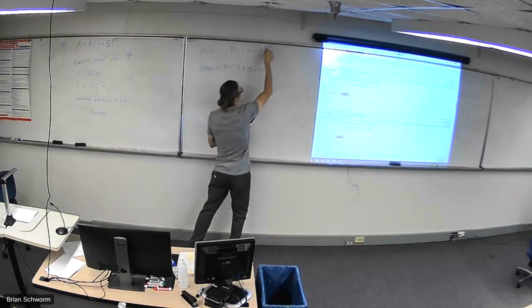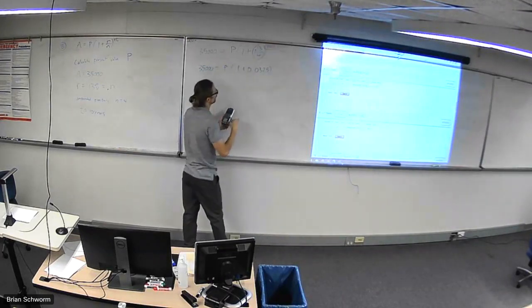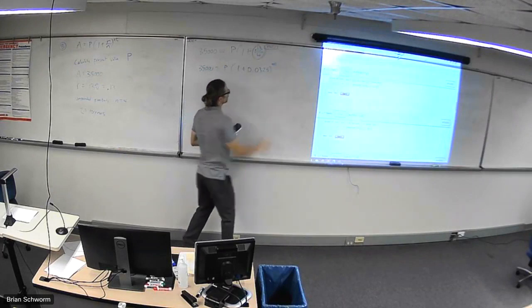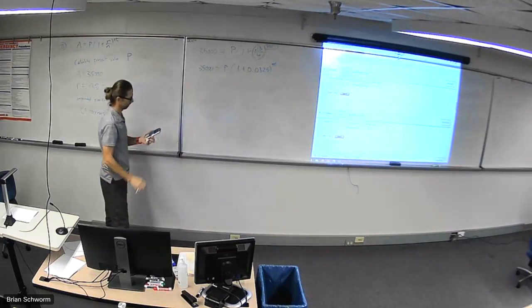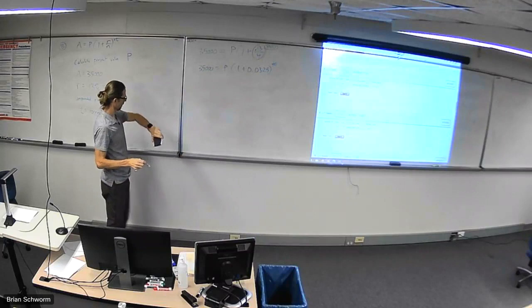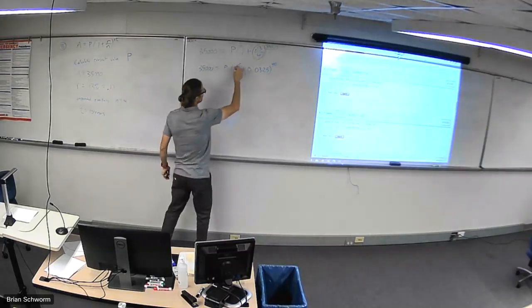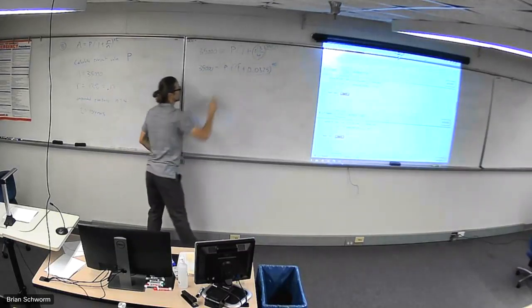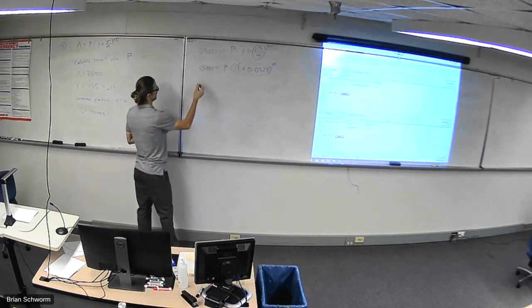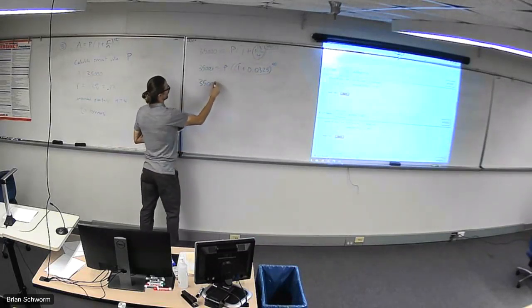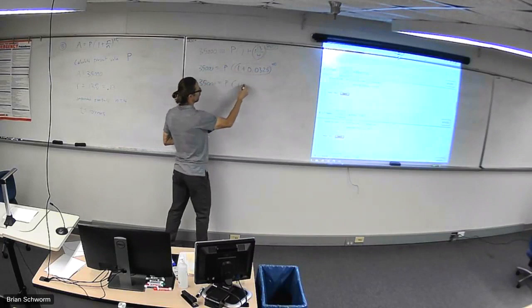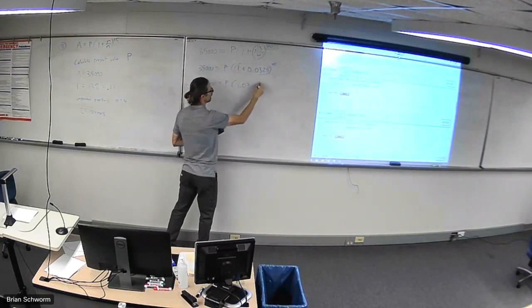And I'll go ahead and do this part too. 4 times 10 is 40. Next, if I add these, I get 1.0325.